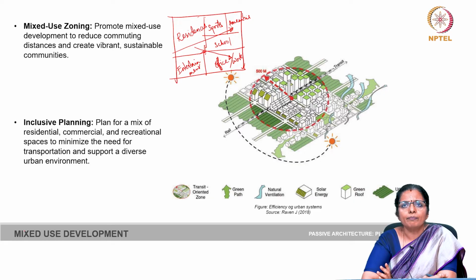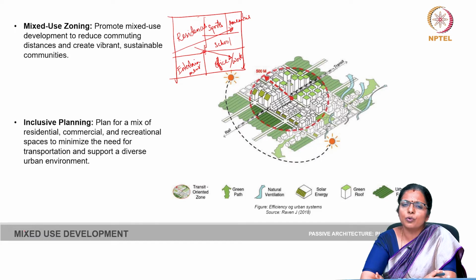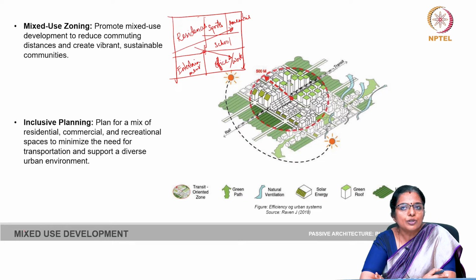And also, because of the transportation, you don't have pedestrian friendly communities and so on and so forth. So if you want to avoid that, you must reduce commuting distances, make your settlement more walkable, and you should plan to foster vibrant sustainable communities.